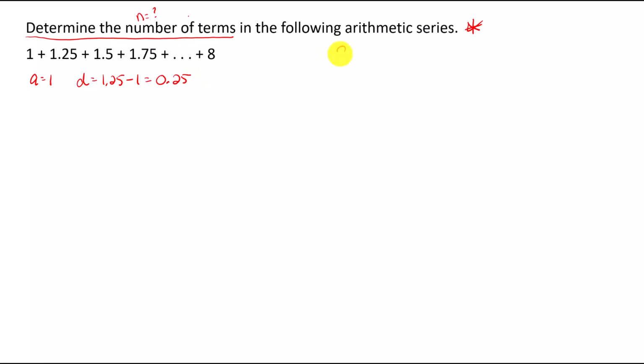So I want to show you something. Our sum formula is 1/2 n times the quantity of 2a plus n minus 1 times d. Okay, and if I were to try to use this formula, I don't know n, so n would stay empty. It would stay n. And in this case, I also don't know this value, so that would stay S sub n.